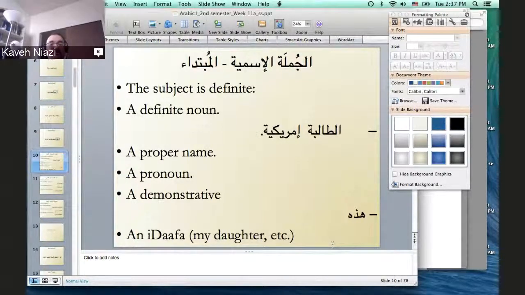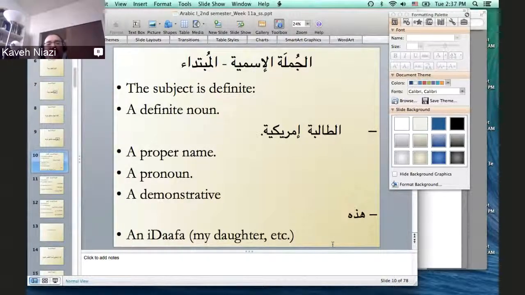It can also be a demonstrative. What if I said هذه أمريكية? It would be then, this is American, right? So these are all possible ways of putting that noun at the beginning of that sentence. It has to be definite. A pronoun is considered definite, a demonstrative is considered definite, and also an idafa.